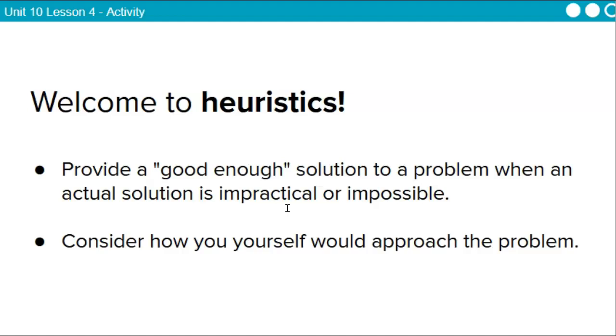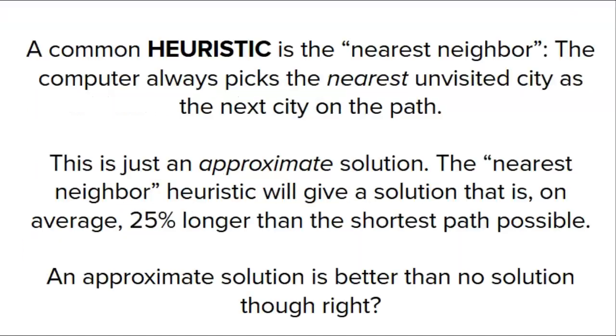I bet a lot of you during this traveling salesperson problem were thinking, why do I have to check every possible option when it would just make the most sense to go to the closest option from where I am? And that's what a heuristic is. A heuristic is using common sense and how you would approach the problem versus checking every possible solution, because that would take way, way, way too long.